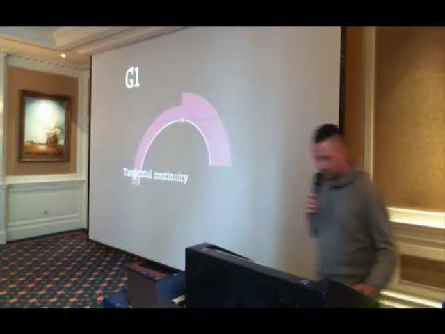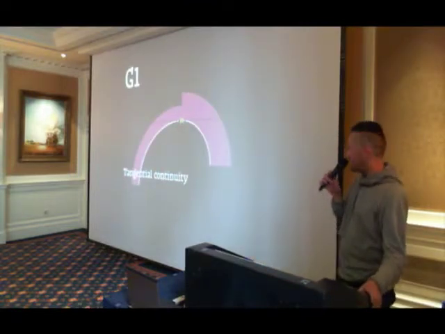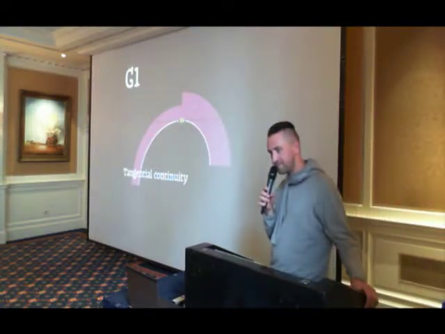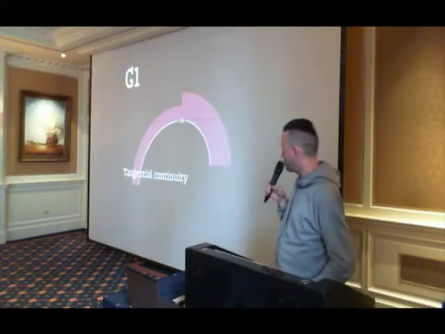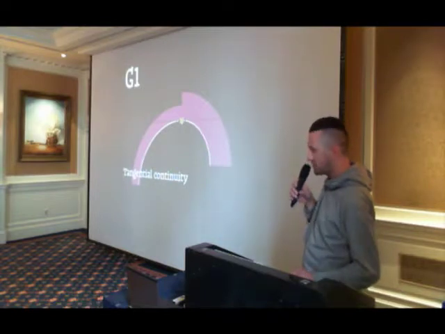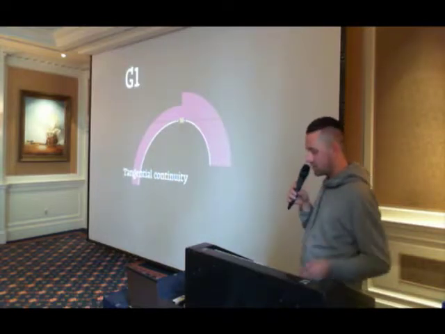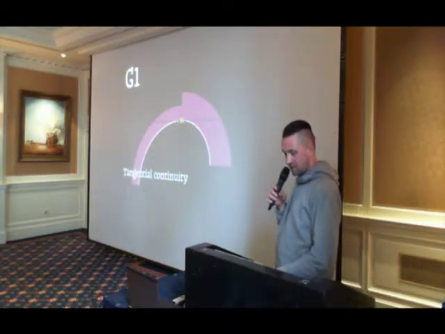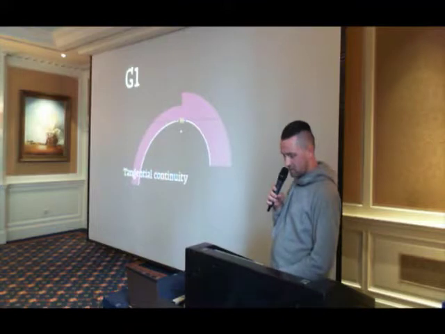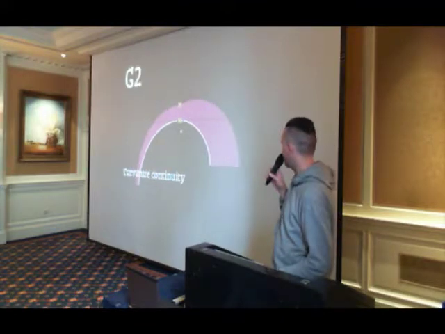And there's G1, tangential continuity. So you have two curve segments, they do connect. However, their curvature at the on-curve point isn't identical on both sides of the point. So they do share a common tangent here, but no identical curvature.